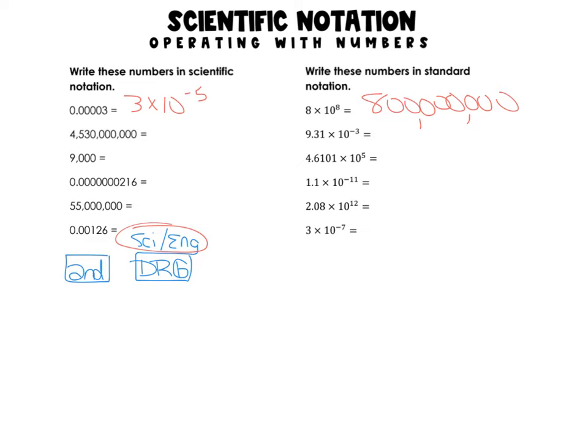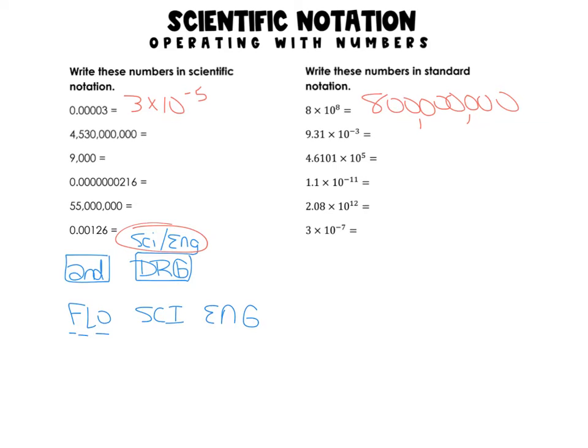You will press the second key, and then the DRG key to access these. When you press that, you're going to see that it will say FLO, SCI, and ENG.